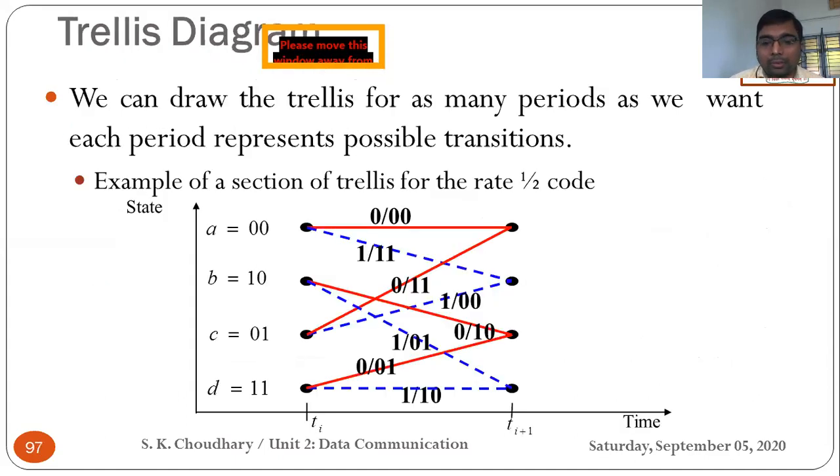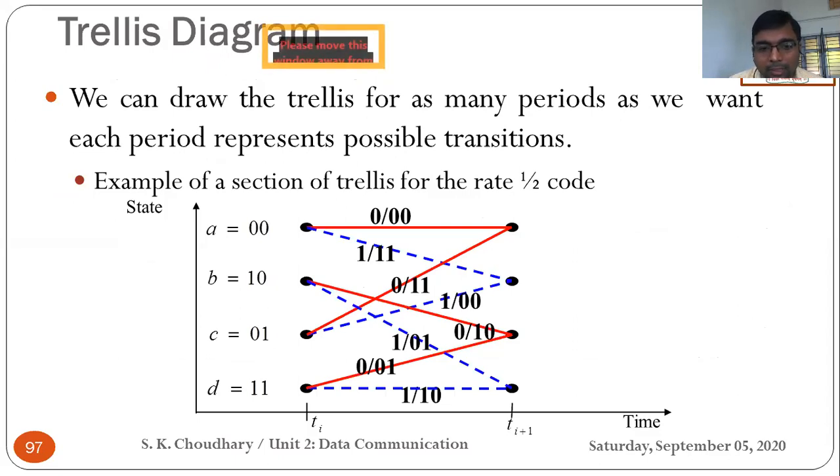This is one of the basic forms of the trellis diagram. As you can see on the screen, we can draw the trellis diagram for as many periods as we want. Each period represents the possible transitions.